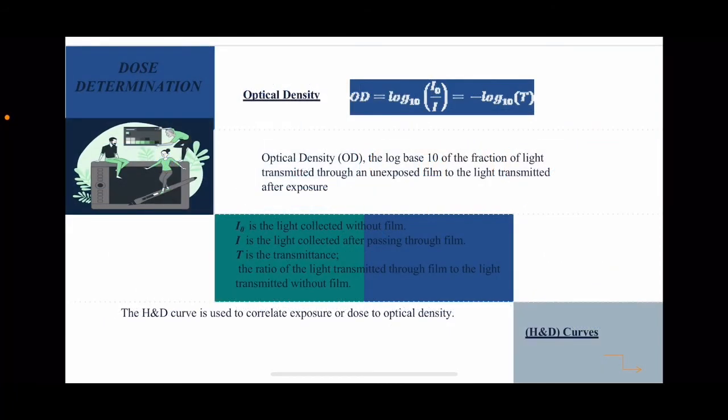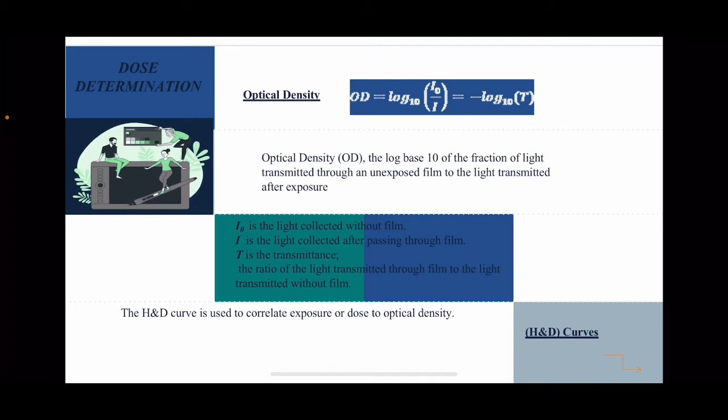The optical density is the log base 10 of the fraction of light transmitted through an exposed film relative to the light transmitted without film. I naught is the light collected without film. I is the light collected after passing through film.